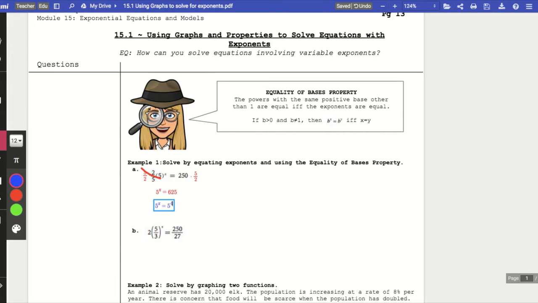Since we're trying to solve for x, and 5 to the x is equal to 5 to the 4th, by the equality of bases property, x has to be 4. They are the same base, so x has to be 4.